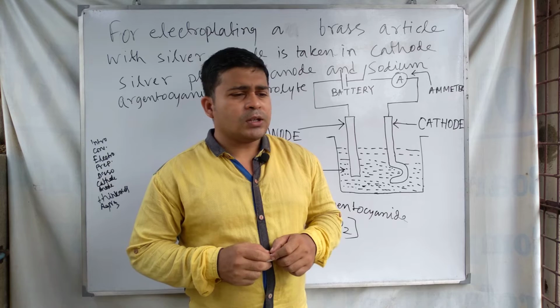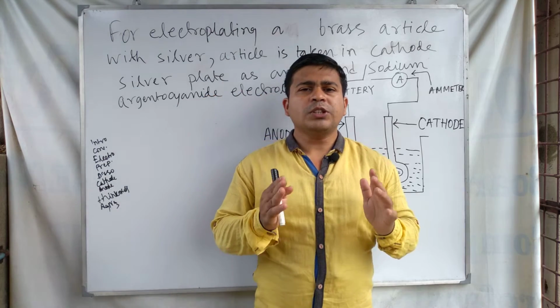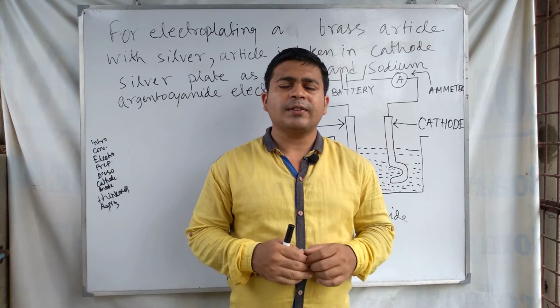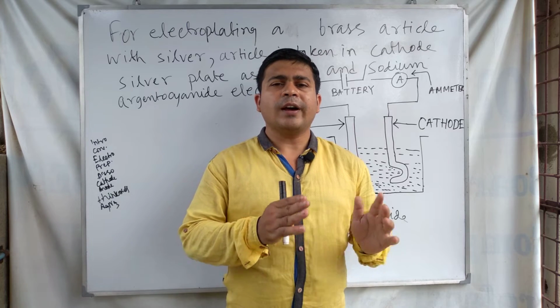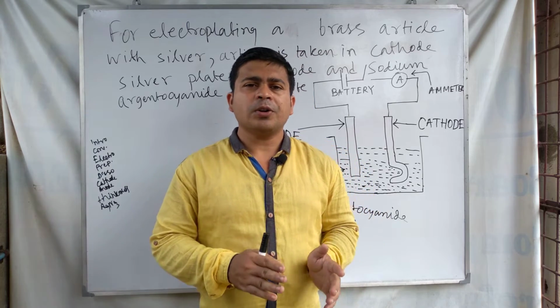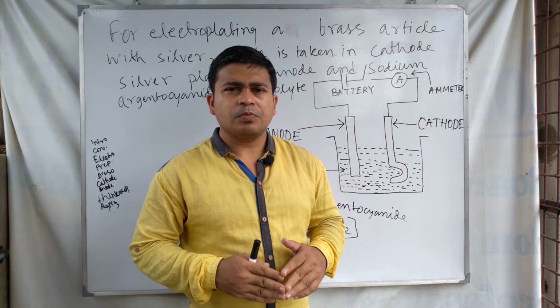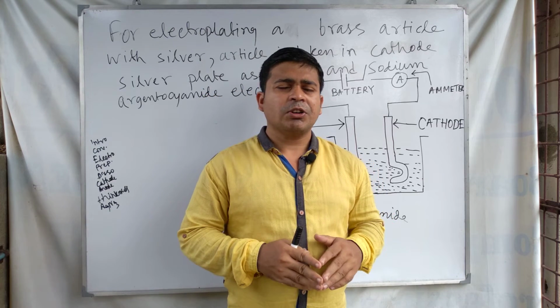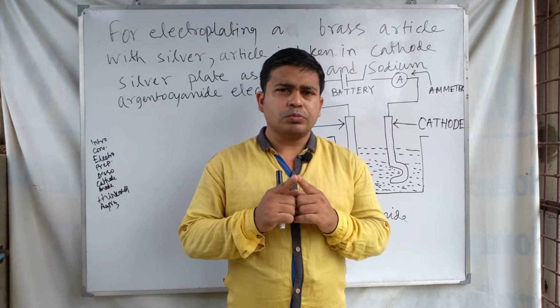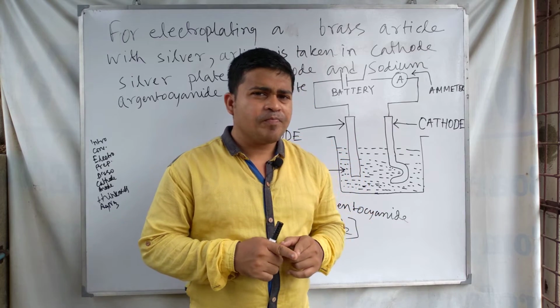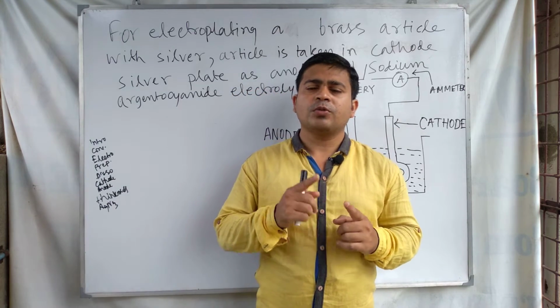For which purposes is electroplating done? Electroplating is done for any metals, first, for decoration.